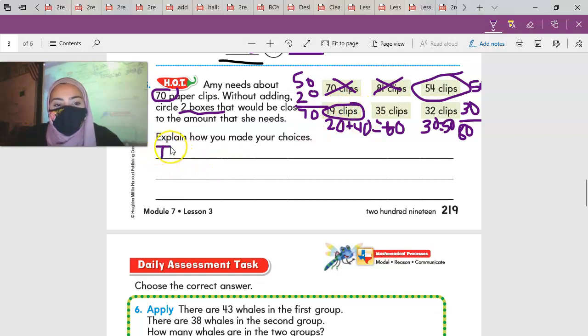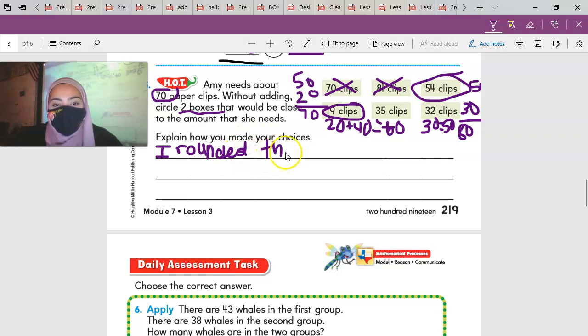I rounded, then added. Miss Yusuf, you never add the 4 to 54. That's because you round, honey. You round to the nearest 10. We're rounding to the nearest 10. So you're making the tens place to the nearest 10, and the ones place becomes 0. So I rounded and then added.